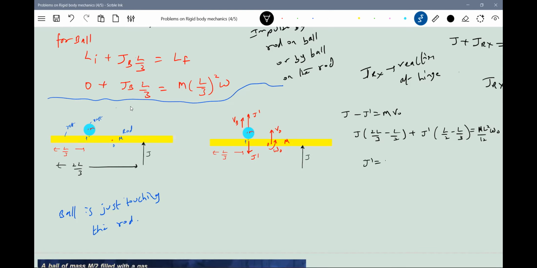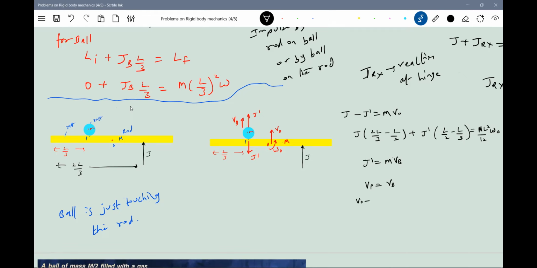For the ball, it should be J dash equal to M into V B. Then at that instant, it will be in contact, no? So therefore, the velocity of point P should be equal to velocity of B. And what is the velocity of point P?